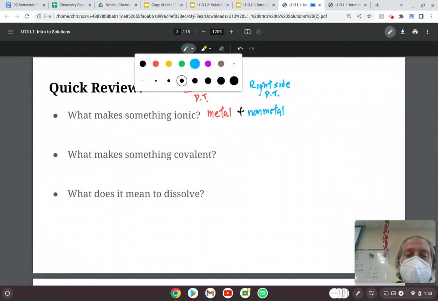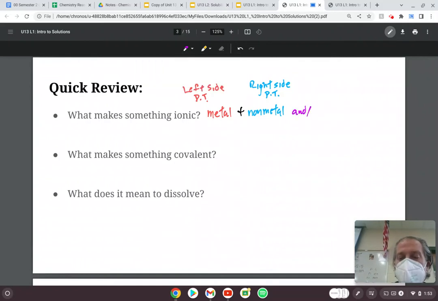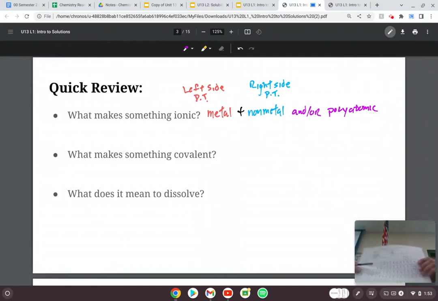The other thing that can make something an ionic compound would be if a polyatomic ion is present. You didn't have to memorize the polyatomic ions, but you may recall that on the periodic table you get when you take a quiz, the polyatomic ions that we work with are on the back of the periodic table.